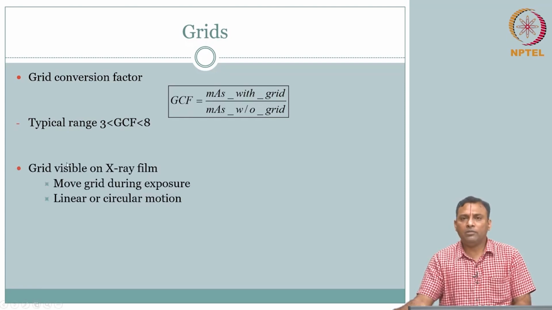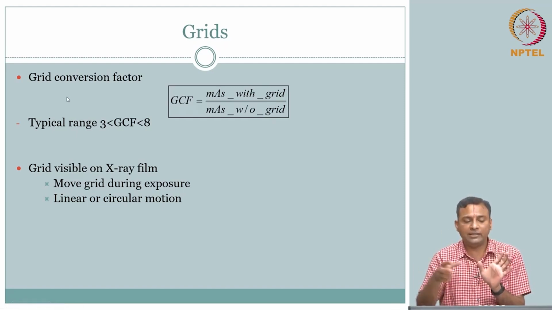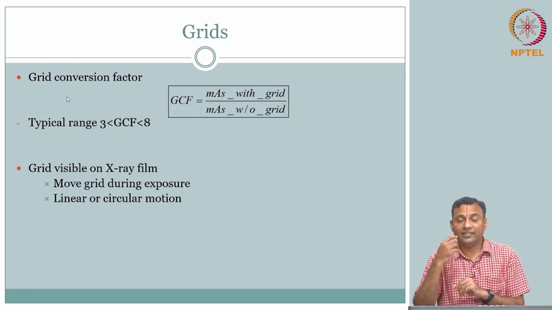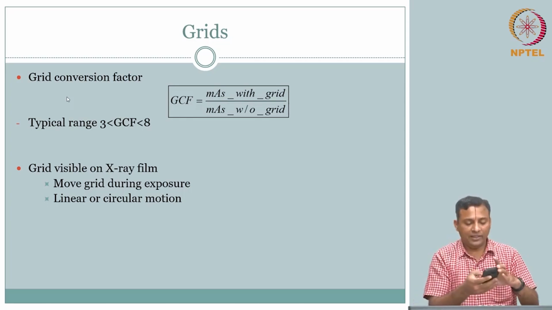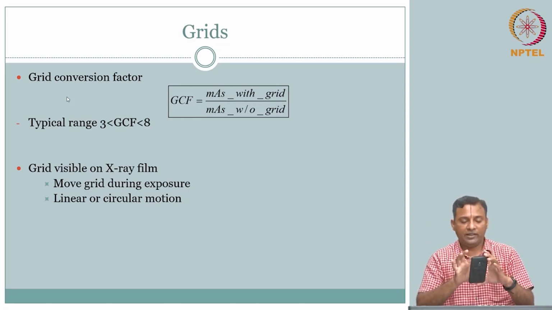So another problem, apart from the grid conversion, because you have to increase the exposure, is that with the grids you are going to have shadows. It is difficult to show, because the camera is in front of me and will obstruct the shadow.